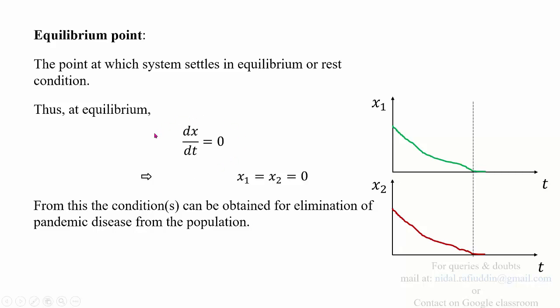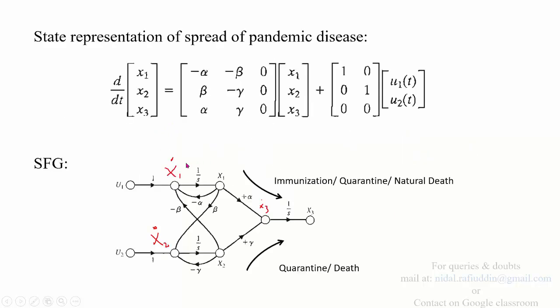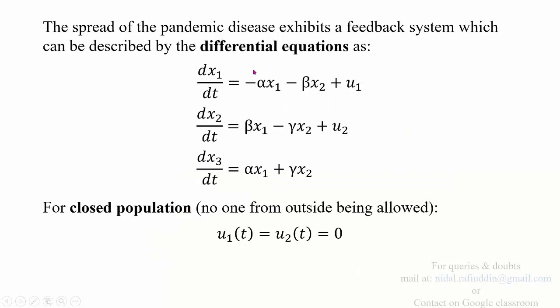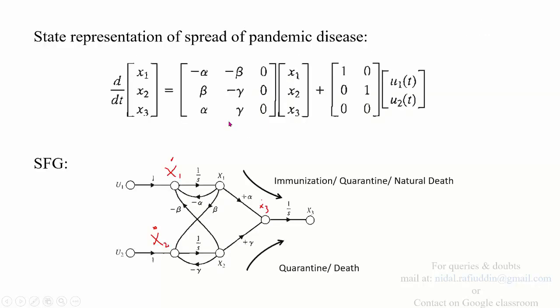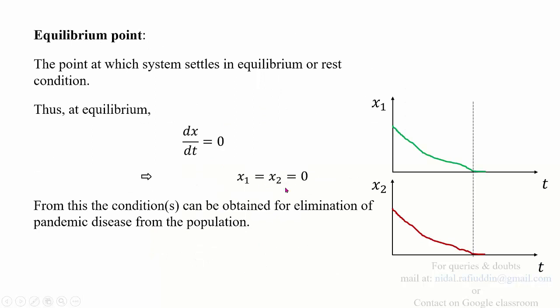If we analyze this using the previous relations that we obtained, you assume that these derivatives are 0, and you assume u1 and u2 are also 0. In this case, if you consider that no rate of change is being observed in x1, then this implies that x1 and x2 both will be 0.